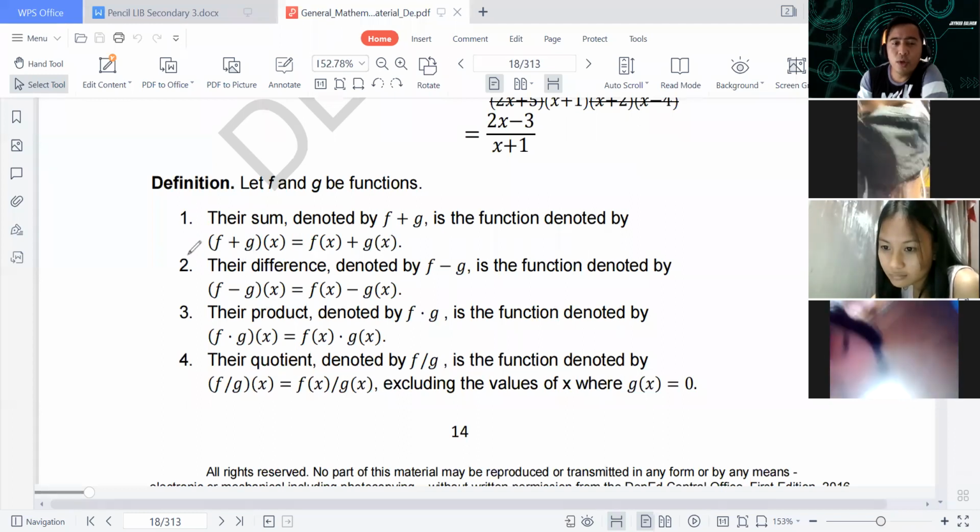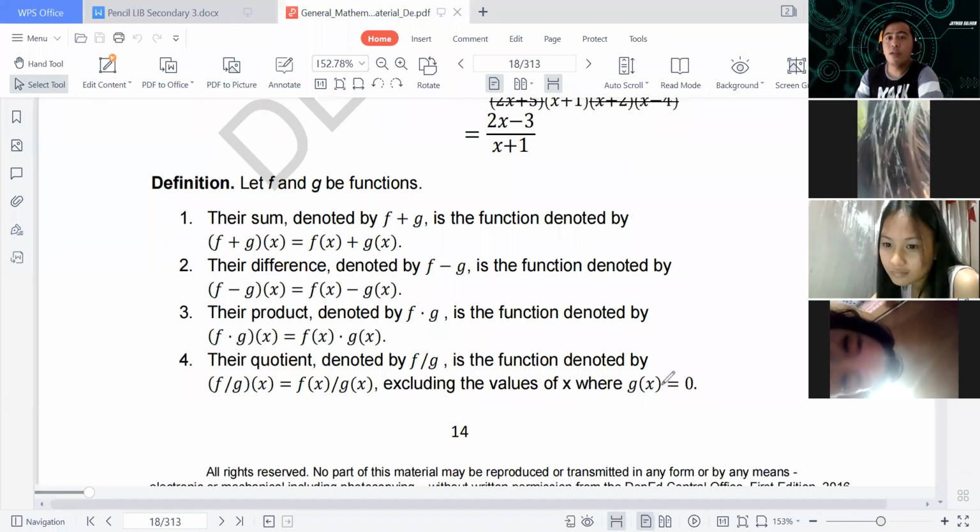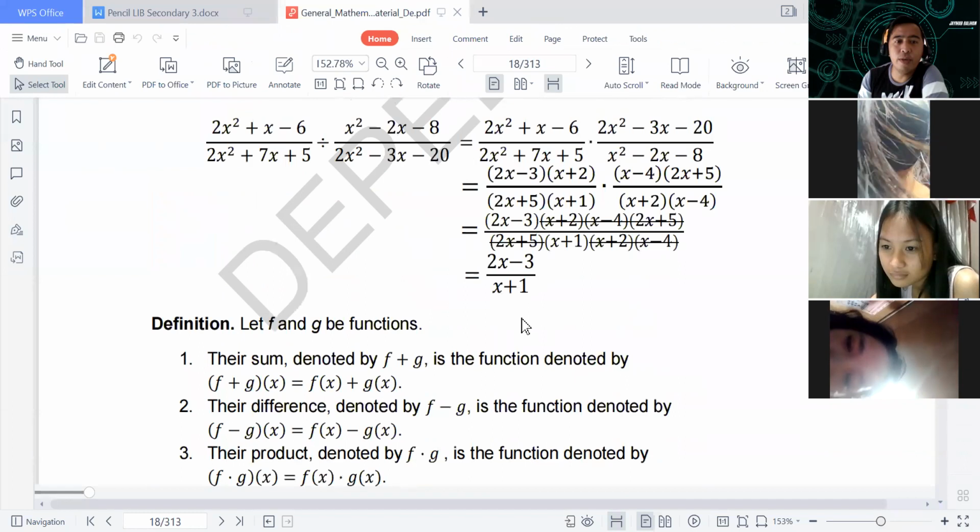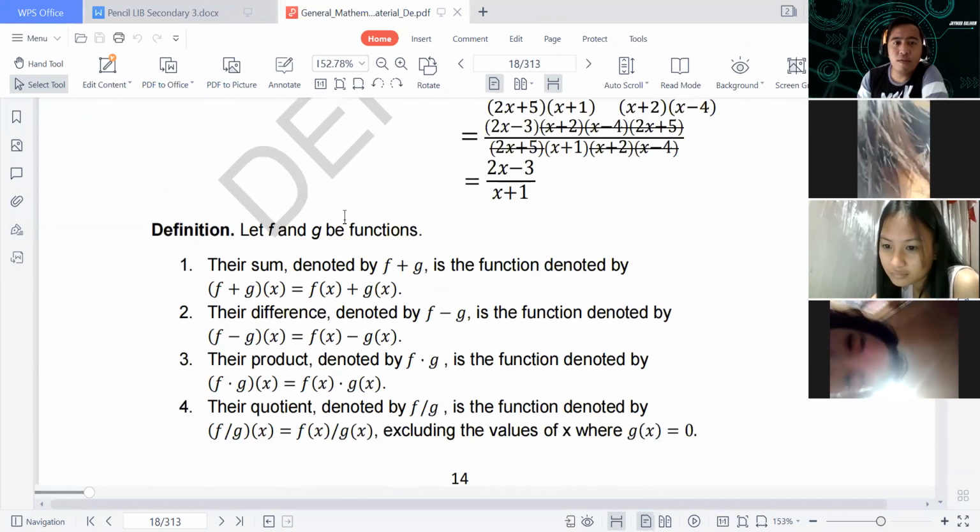There are four fundamental operations: the addition, subtraction, multiplication, and division of functions. If you have two or more functions and you want to perform them, you will just have to remember this.